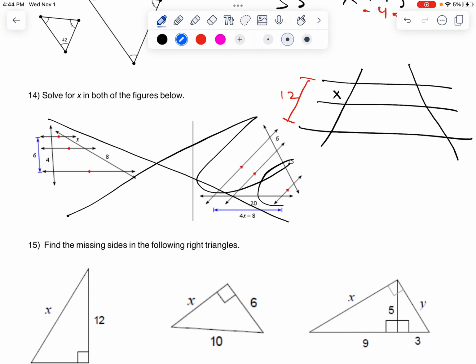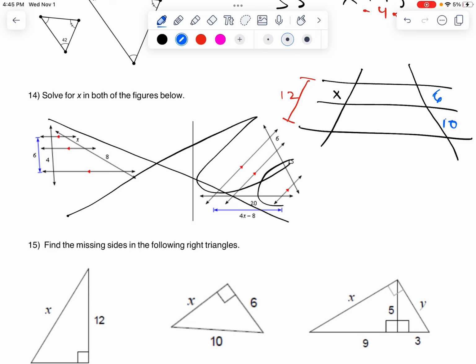And now on this side, I have 3, and let me pick better numbers actually. Let's do 6 and 12. Actually, I don't like 12. Let's do 6 and 10. Okay, so how are we going to solve this question? This one confused a bunch of people.